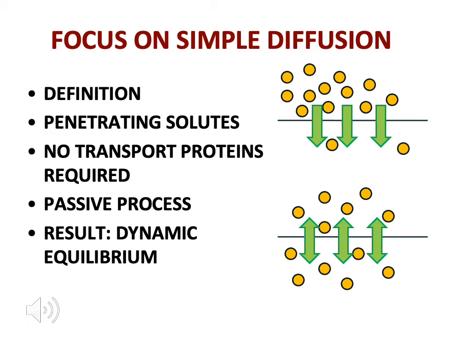And we mentioned the fact that technically this is a situation where we have no net movement. The implication is, of course, that movement is still possible, but overall there is no net movement to one side of the membrane or the other. Make sure you know what the hallmark features of simple diffusion are. You're going to need to contrast them with the hallmark features of facilitated diffusion, which we'll see on our next slide.